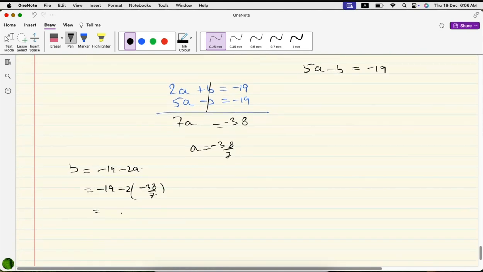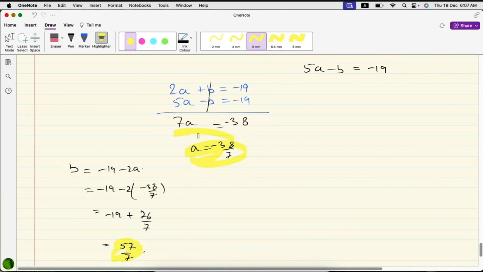Minus 19 into minus 2, minus 38 by 7. Using the calculator, 38 divided by 7 into 2, getting 76 by 7, minus 19 is 57 by 7. Now, if these are correct, we should have remainder as 0.